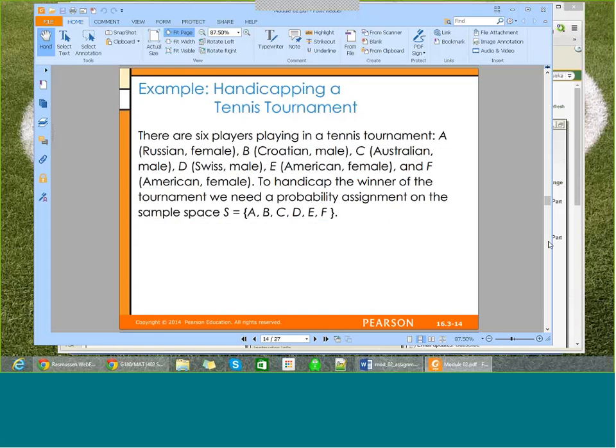So here's an example. Let's say these are the events. The Russian female is assigned the letter A, the Croatian male is assigned B, and so on and so forth till E. American female is assigned E. So here's a set.